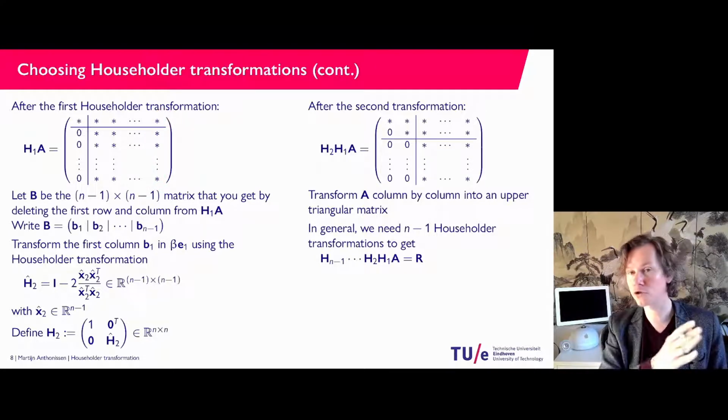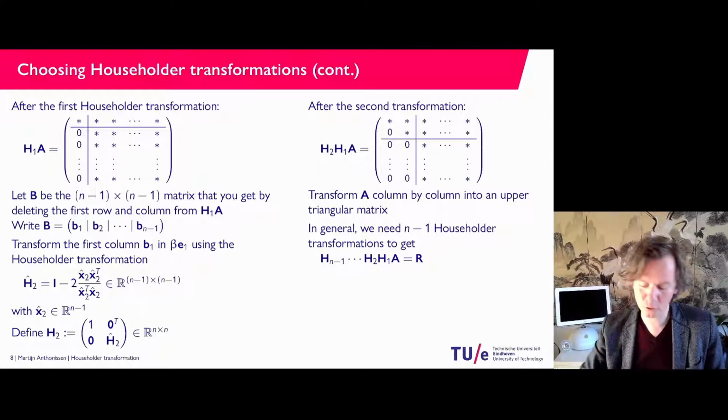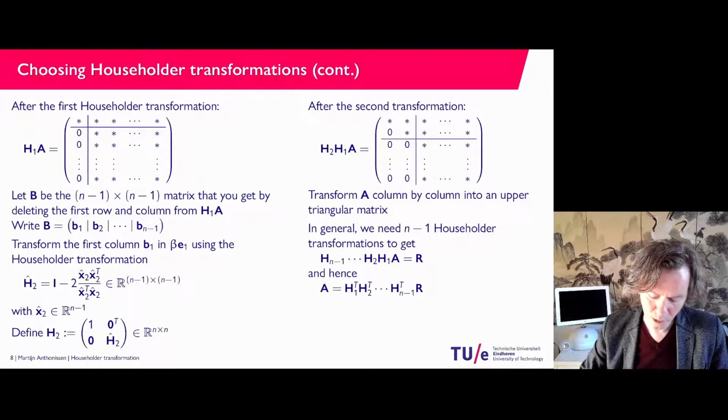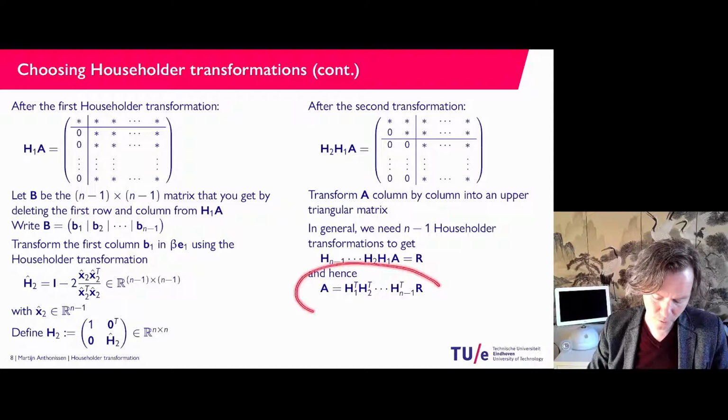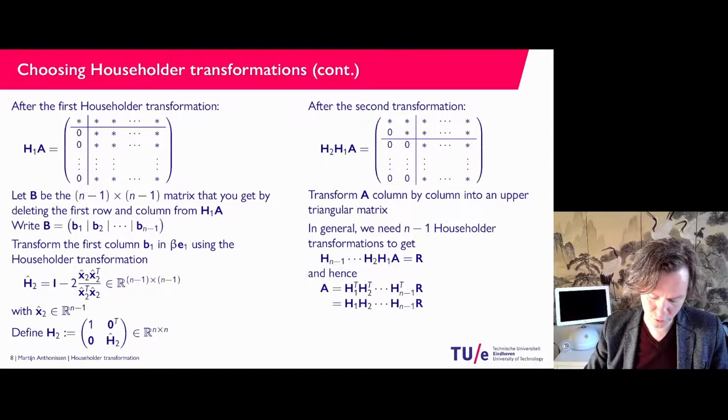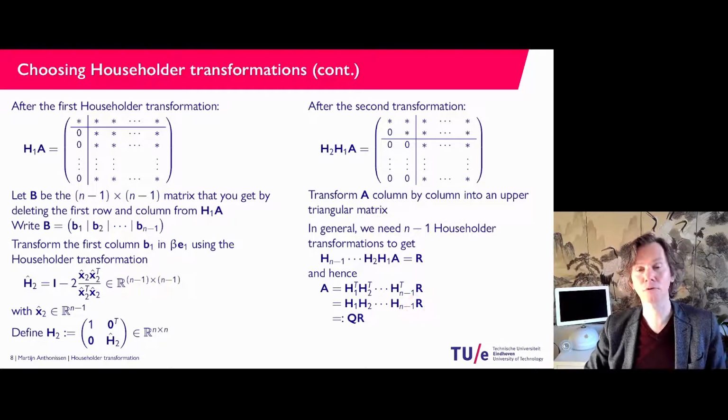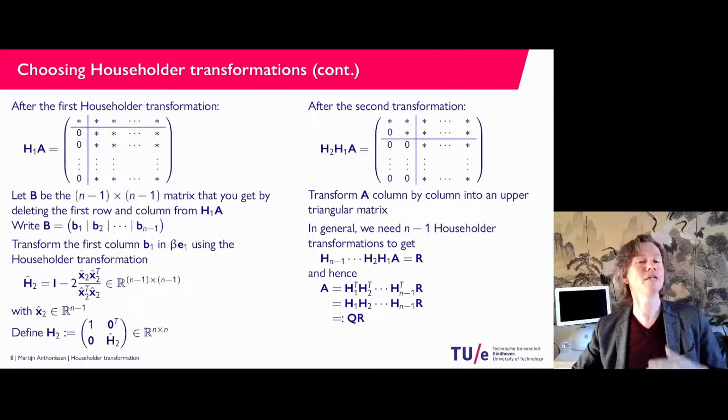But for the first n-1 columns, you may need a Householder transformation. And then you can call the product of these H matrices Q, and the resulting upper triangular matrix you can call capital R. So that is the general outline of how it works. Hopefully that was a bit clear.